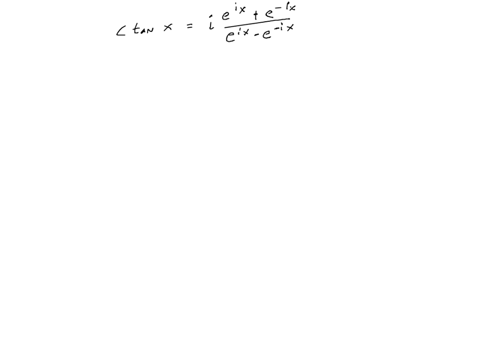Okay, so in this case, ix is equal to y over 2. We're just using this as a substitution because I don't like all these i's floating around.